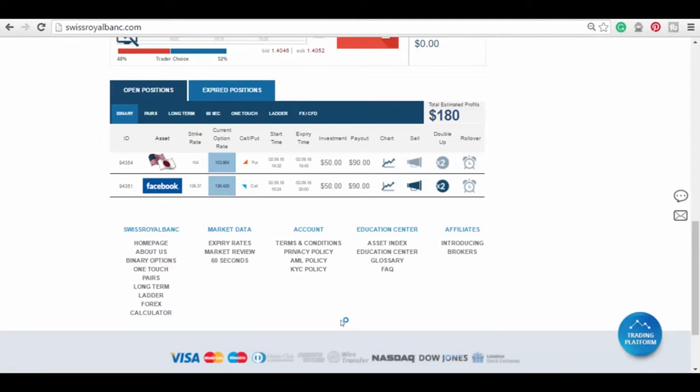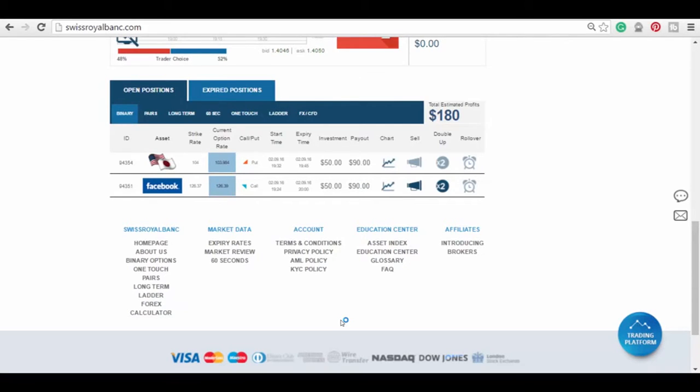I am back. So we have a few more seconds to go on USD JPY. It's right now in the money. Not by far, so I'm keeping my fingers crossed that it will end in a profit. Two more seconds.